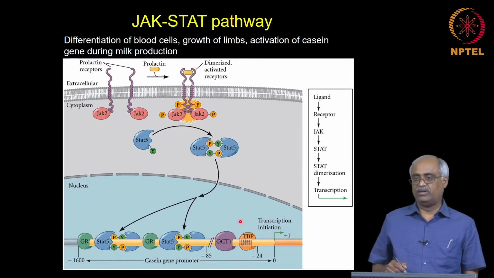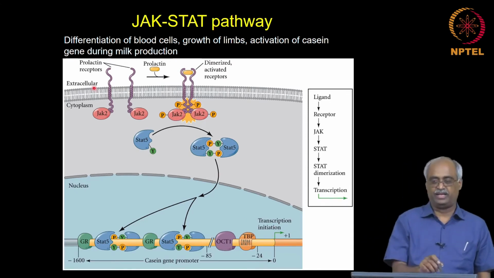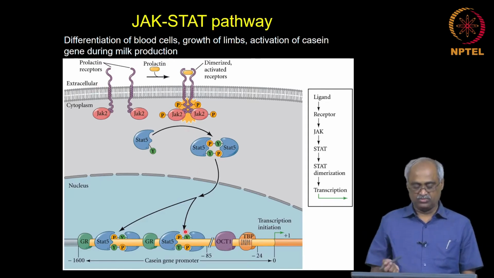So, this sort of regulation works in the example of the casein gene during milk production. Prolactin binds to the receptor and then that leads to STAT activation.